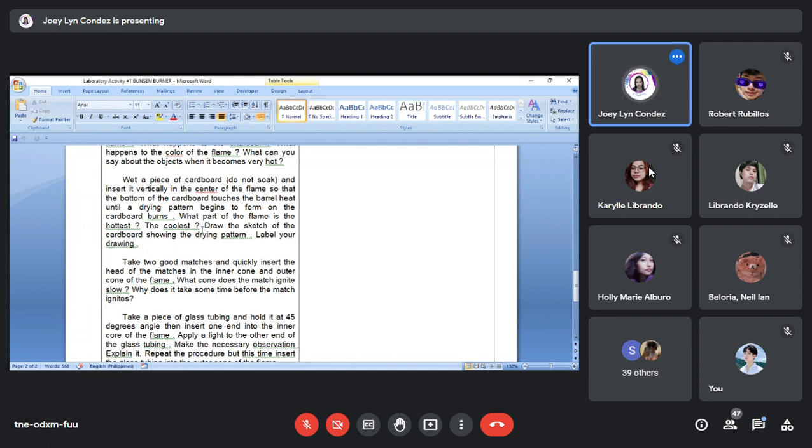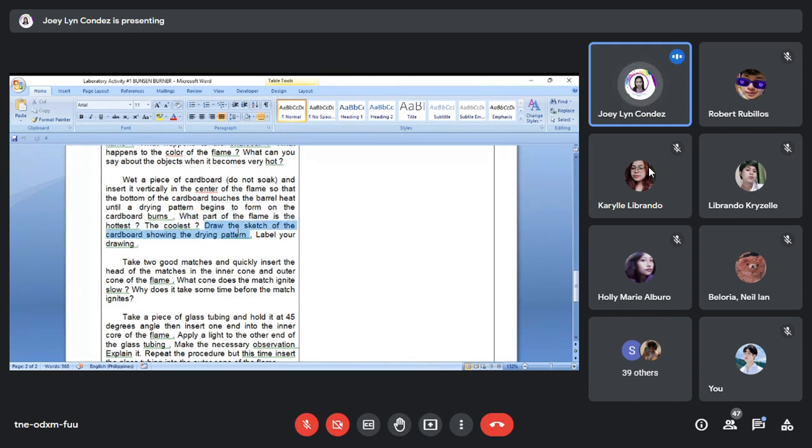Well, the wet part of the cardboard is in the outer cone of the flame. So that means the inner flame is hotter than the outer cone of the flame. So that's an example. But again, you need to answer these questions based on your experiment, your observation.